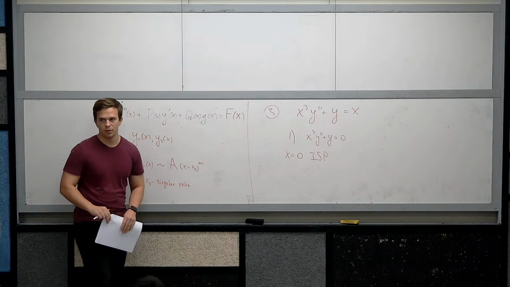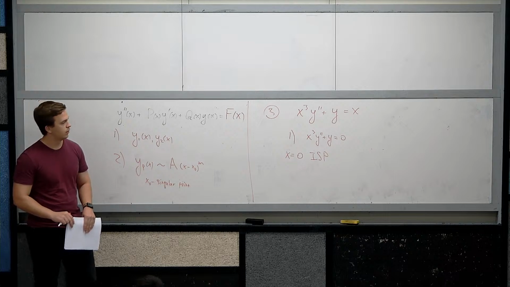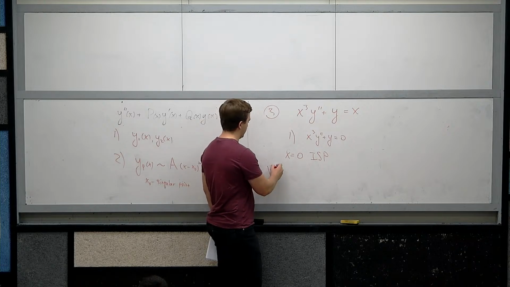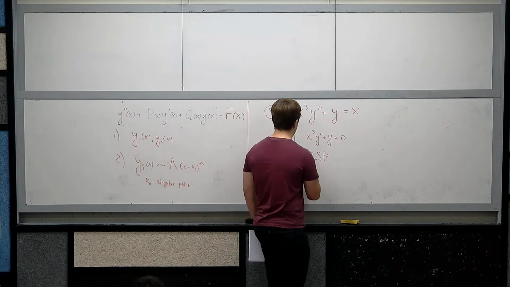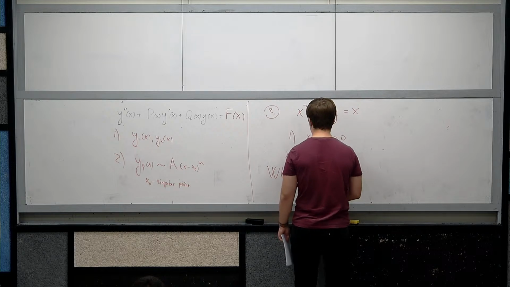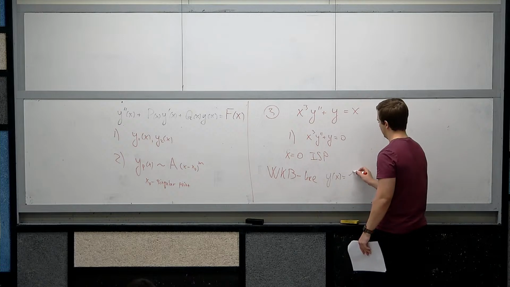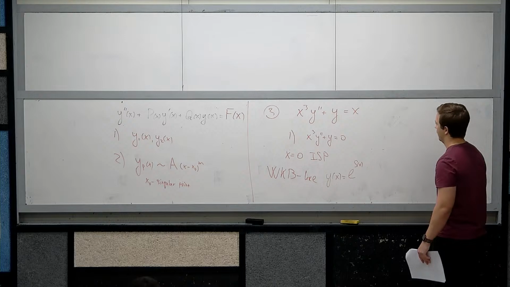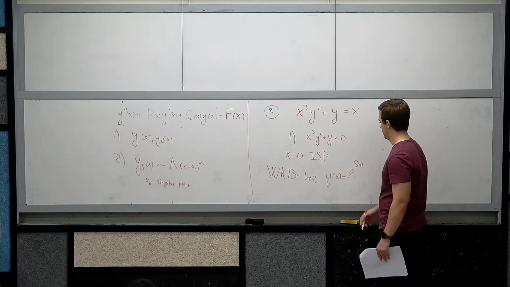Asymptotic. Substitute y equals e to the power s. We call it the WKB-like method. We assume that the solution has such a form, and then we plug this in.